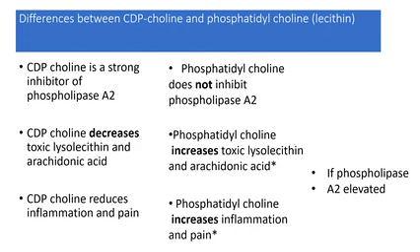So if you had the coronavirus, you definitely don't want to be taking phosphatidylcholine. CDP choline reduces inflammation and pain in a wide variety of illnesses. Phosphatidylcholine will increase inflammation and pain if you have high amounts of phospholipase, like you would from a virus infection.